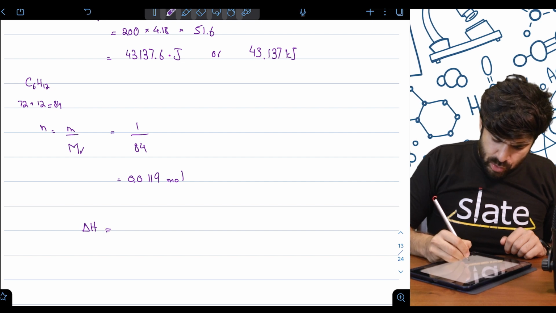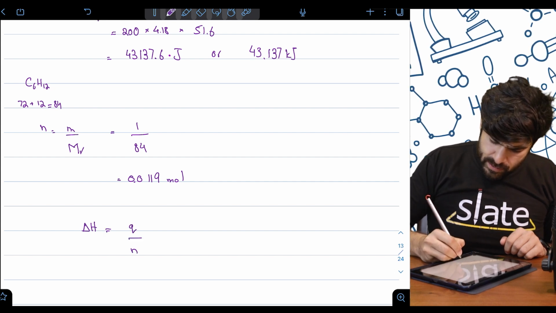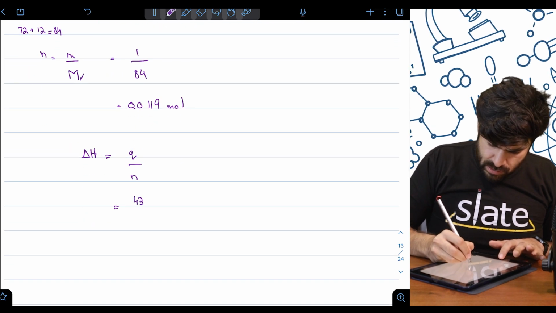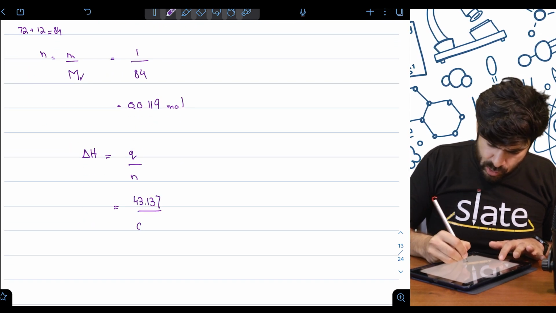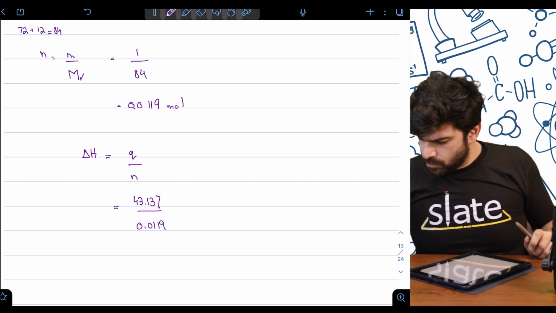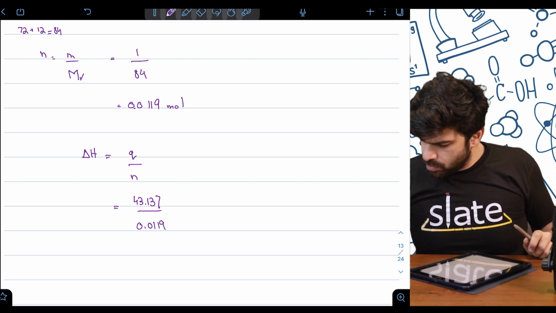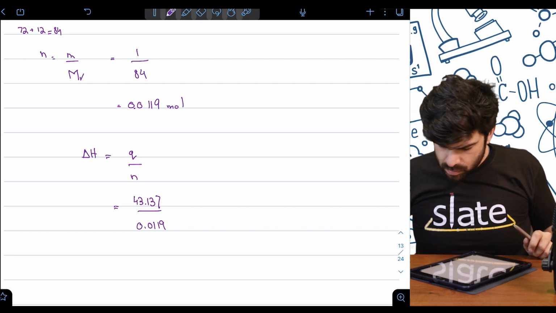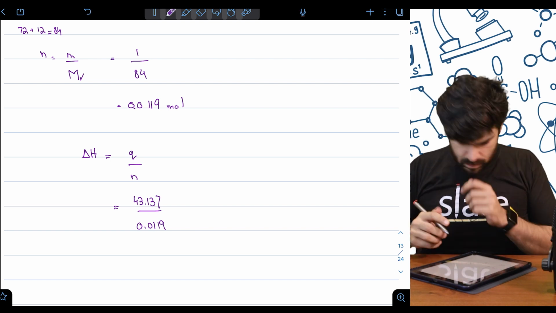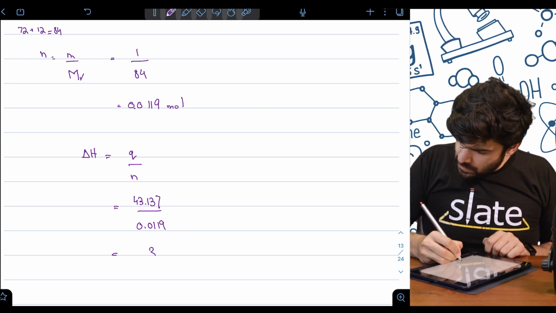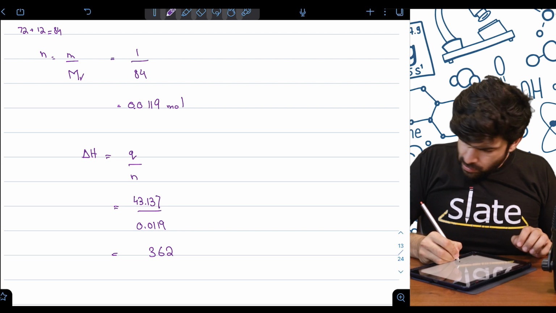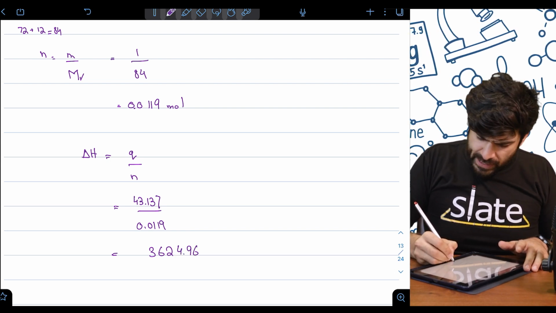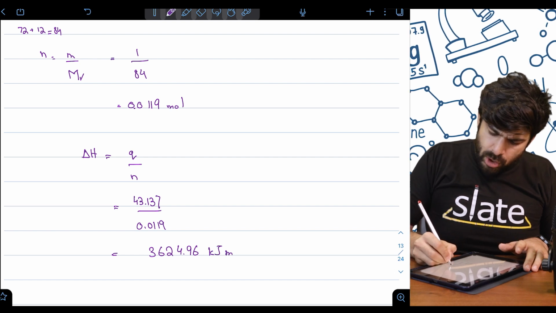Last step, again similar. Delta H equals Q divided by N. So 43.137 divided by 0.0119, or you can say 3625, or 4.9596 kilojoules per mole.